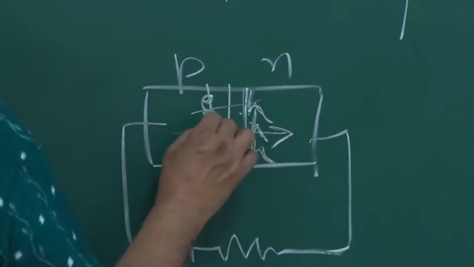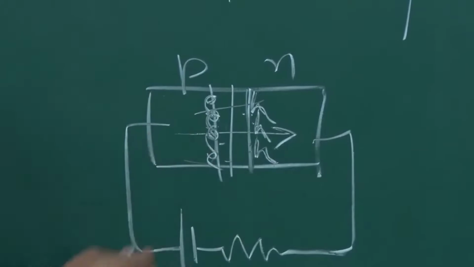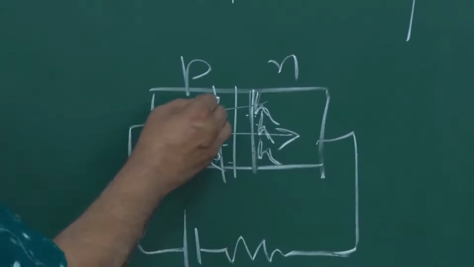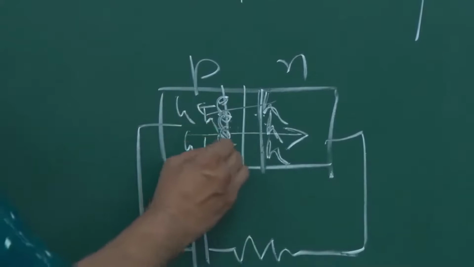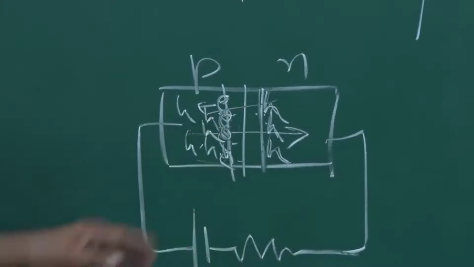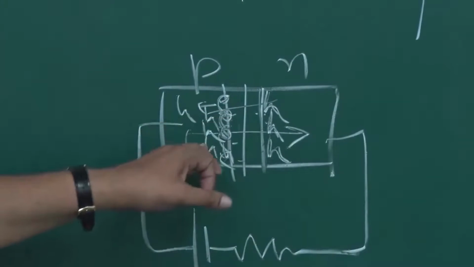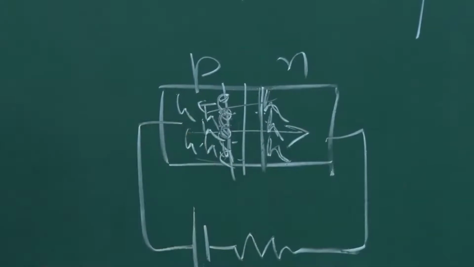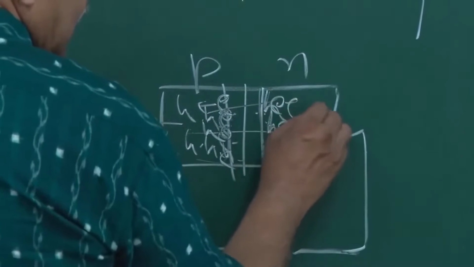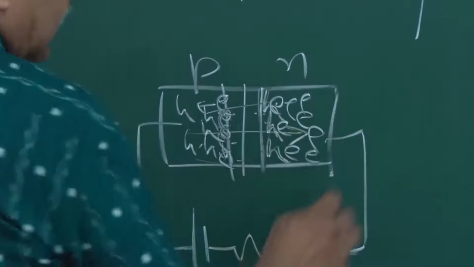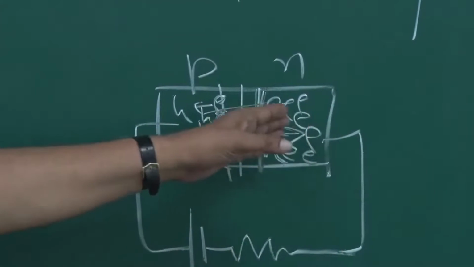In forward bias condition, you have minority carrier injection, and once they are here, they are now minority carriers. These are now minority carriers on this side, this is the P side, and then when they drift, you have lots of holes here, and you will have every chance of hole electron recombination. There are a lot of electrons here, and therefore you will have a chance of electron hole recombination.